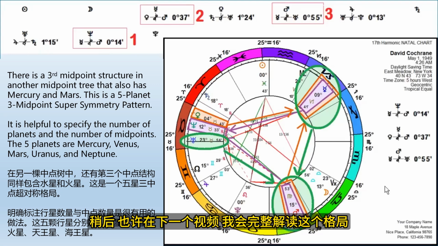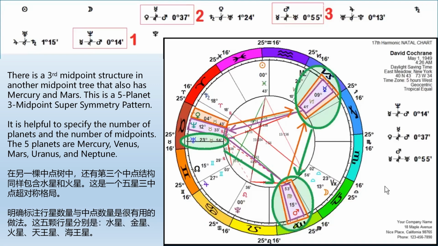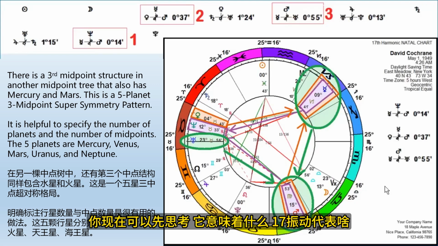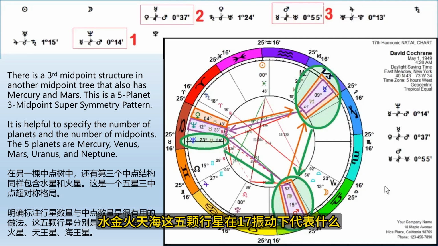In a minute, maybe in the next video, I will interpret this. We will interpret this. So you could start thinking, what do you think it means? 17 vibe. What does 17 vibe do? What does it mean to have a Mercury, Venus, Mars, Uranus, Neptune?